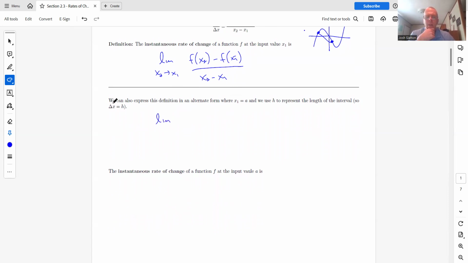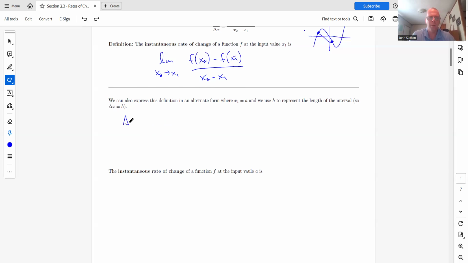But now, if delta x is h, we're shrinking delta x. So we're taking this difference to 0. And if we're taking delta x to 0, that's the same as taking h to 0. And actually, before we do that, let's derive this difference here.